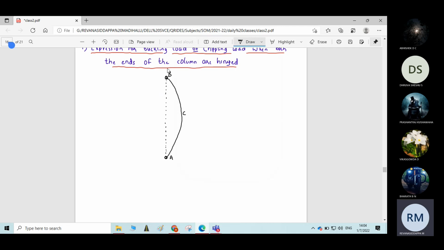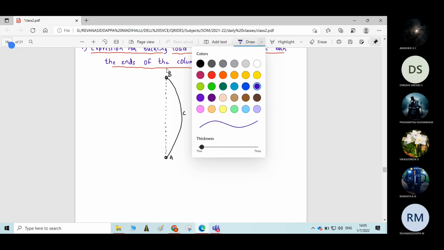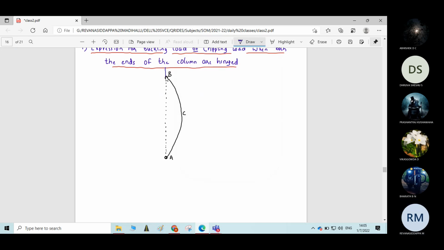You also apply the axial load P, below also the same axial load P. Due to this axial load, the column will bend in the form of the curve ACB.